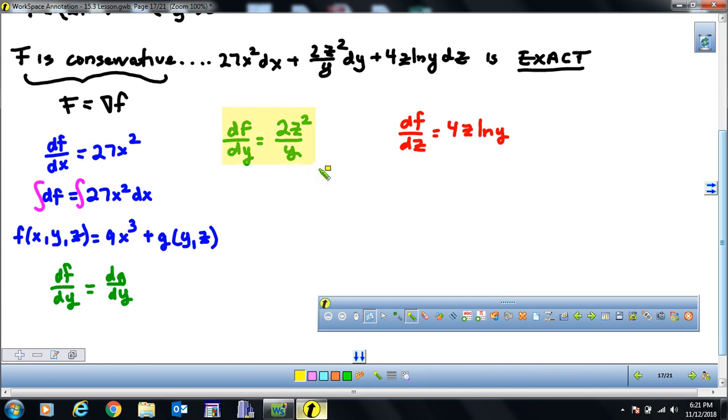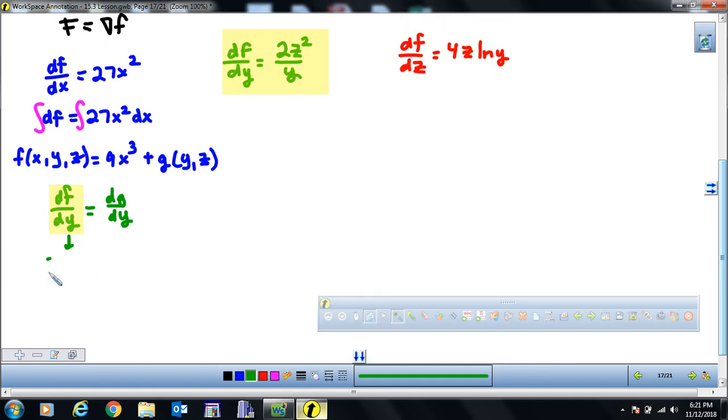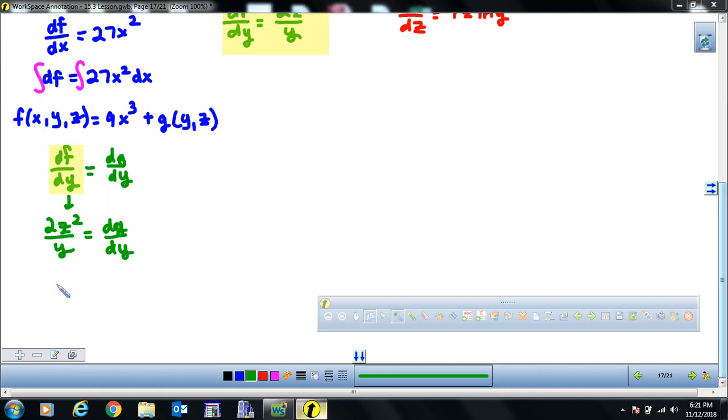So then we're going to get that 2z squared over y equals dg with respect to y. Then if I solve for dg, we're going to have the derivative of g equals 2z squared over y dy. And we're going to integrate it.